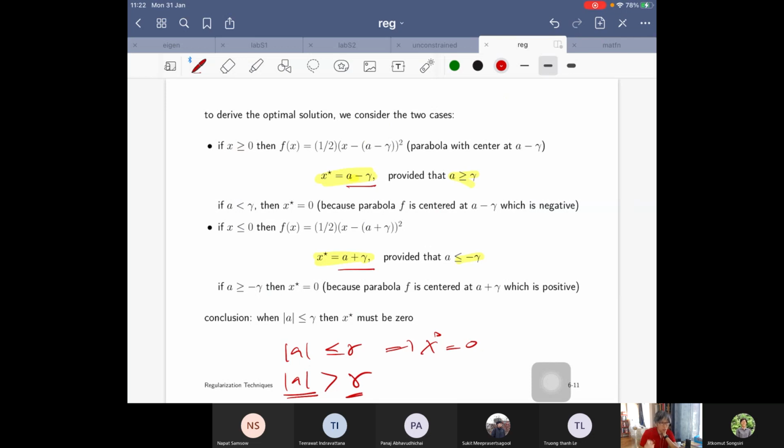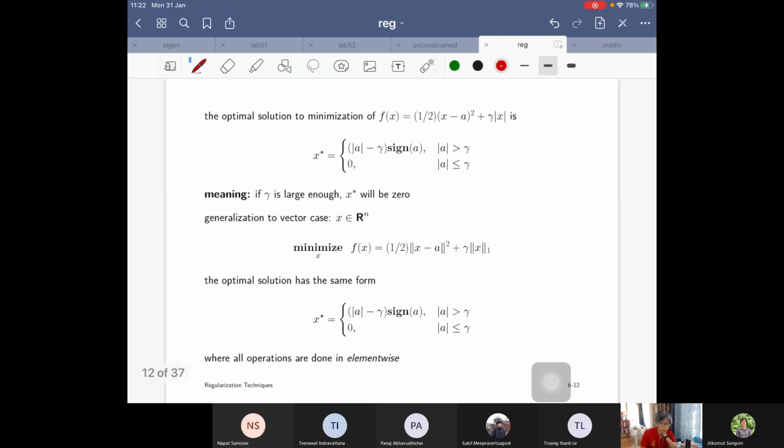So we can combine these two cases into one representation by using the sign function, sign of a. When a is positive, this condition becomes a bigger than gamma, and your x star is a minus gamma times the sign function. The sign function returns 1 if a is non-negative, and returns -1 if a is negative. So when a is bigger than gamma, x star is this.